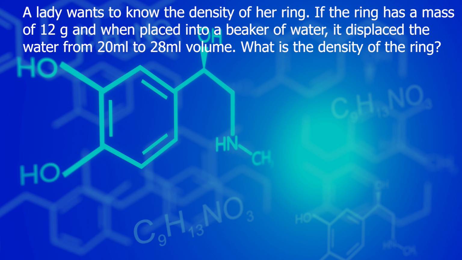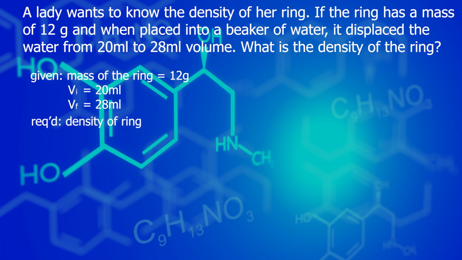We're given here that the mass of the ring is 12 grams and the initial volume reading of the liquid level is 20 ml, while the final volume reading is 28 ml. We are asked for the density of the ring.